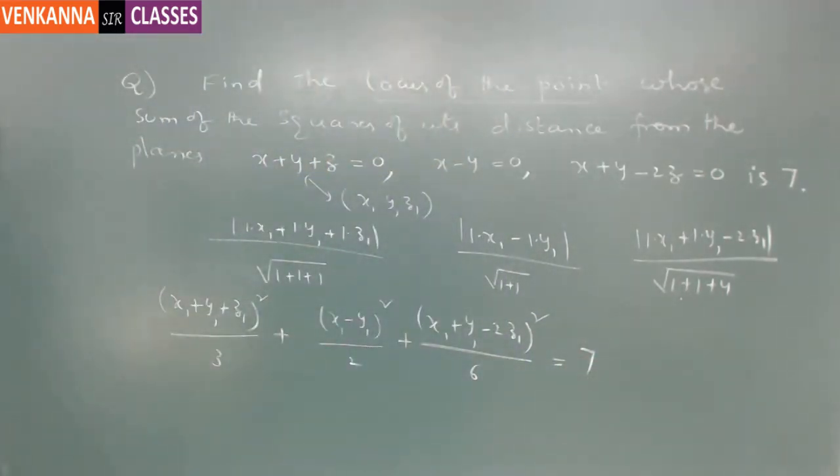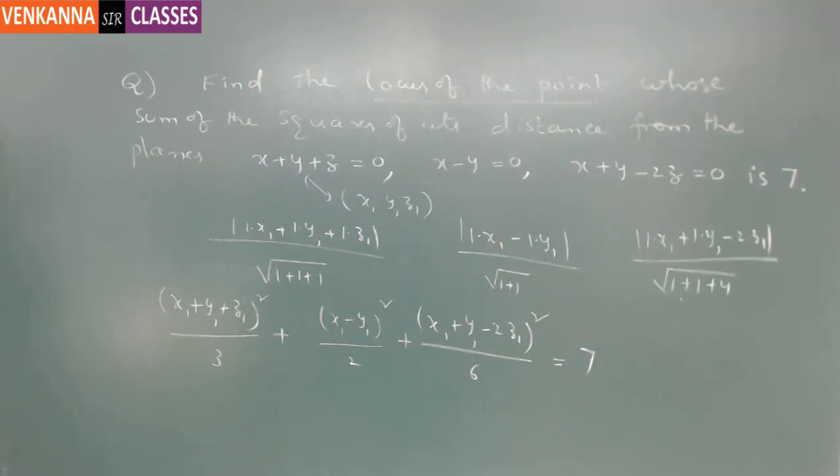The rest of the part is simply calculating the LCM and simplifying the expressions using a minus b whole square as well as a plus b plus c whole square. Are you able to do that, the simplification?